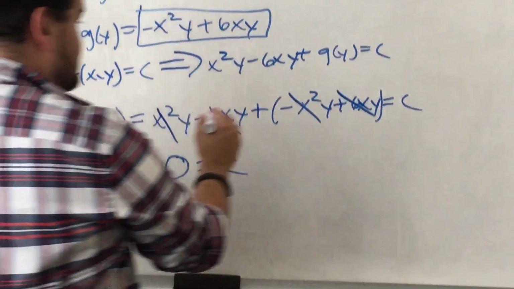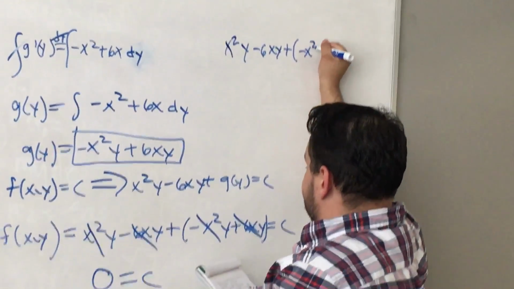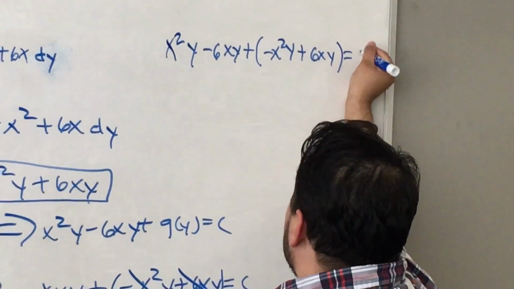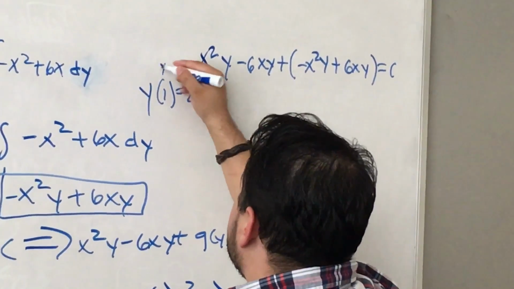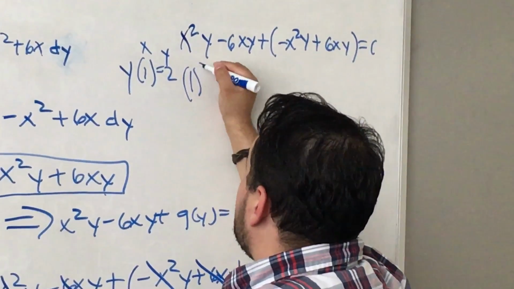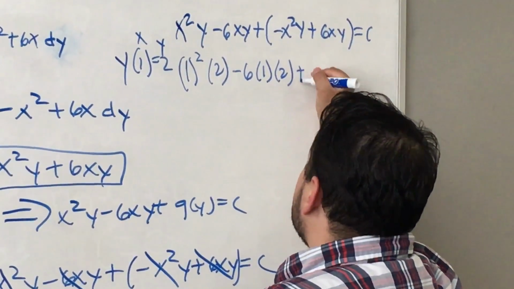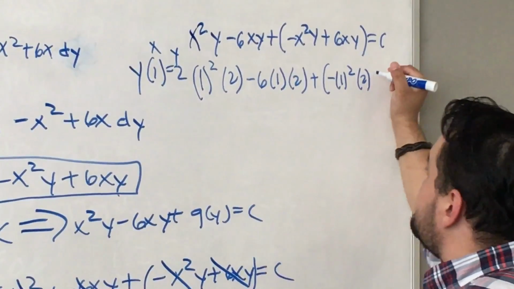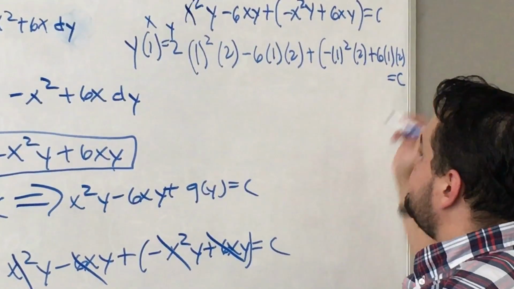We could also plug in the initial condition and see that we are going to get 0 as well. And remember, the initial condition was y of 1 equals 2, or x is 1 and y is 2, so we have 1 squared times 2 minus 6 times 1 times 2 plus negative 1 squared times 2 plus 6 times 1 times 2 equals c.